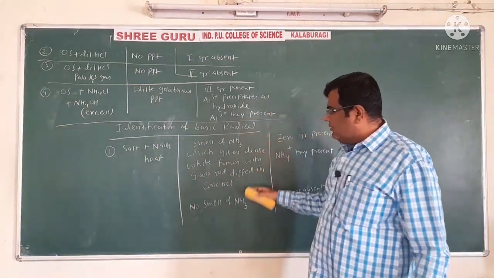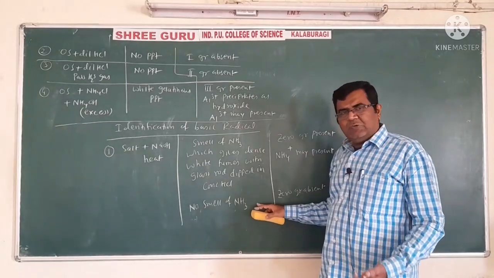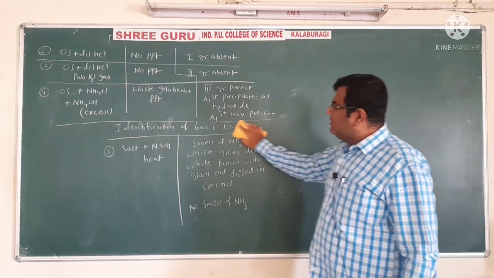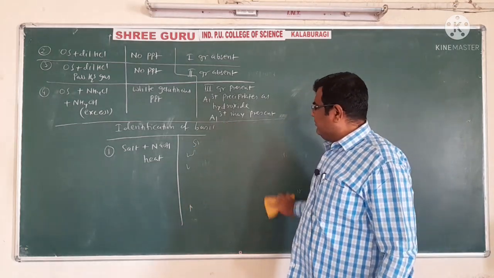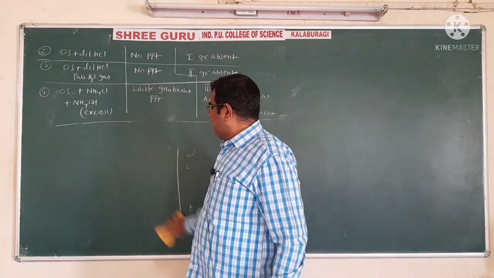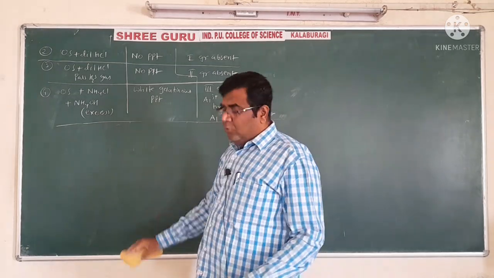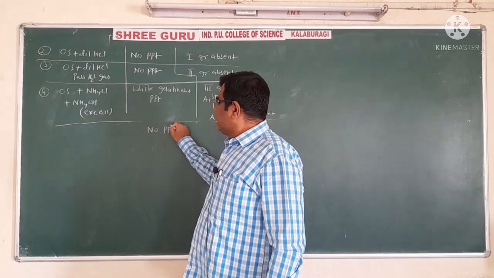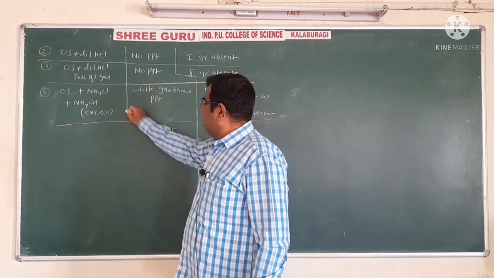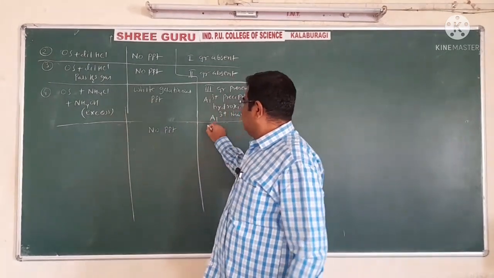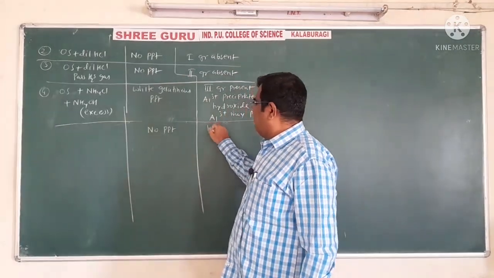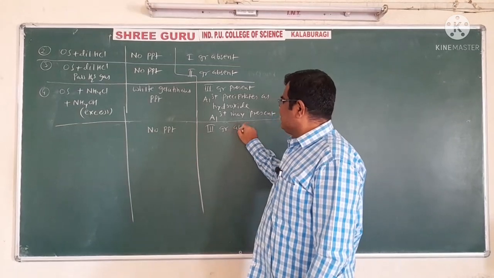Again, I will rub this part. I need to rub this because all the groups I have tried. Or another possibility here is no PPT. If it is no PPT, you can write here third group absent.